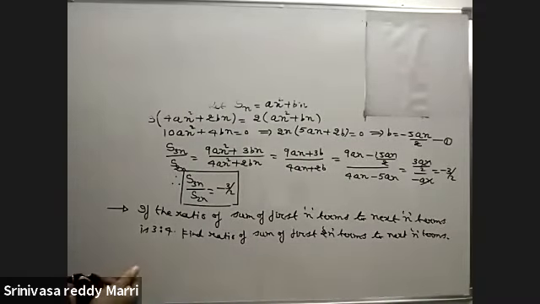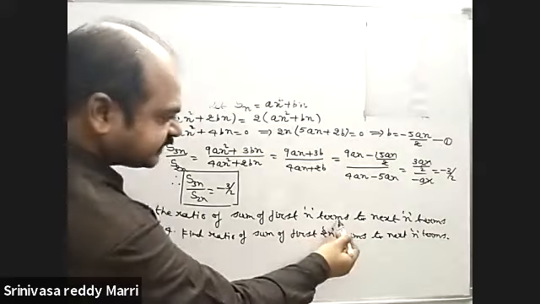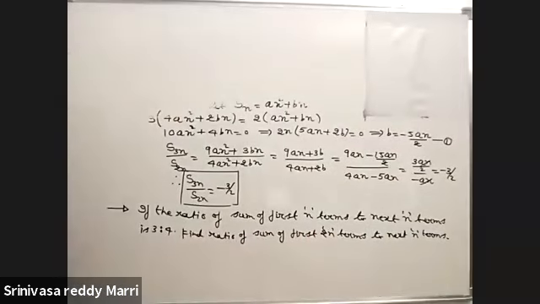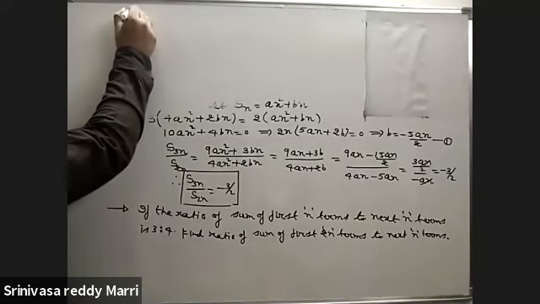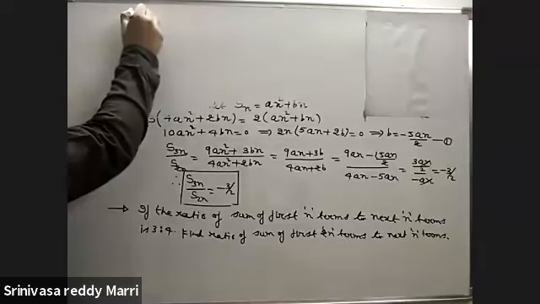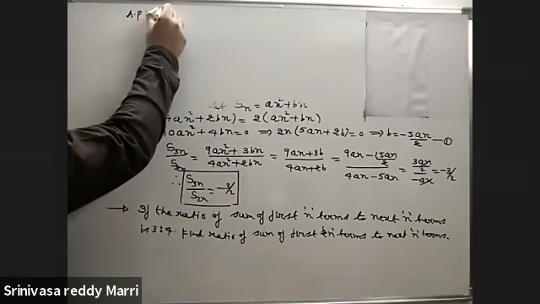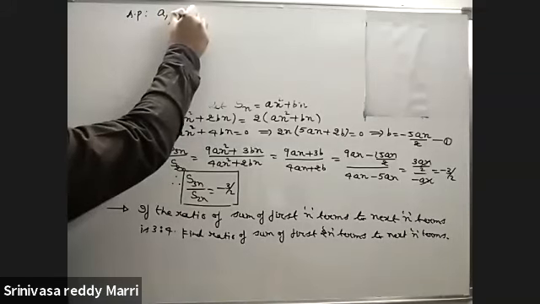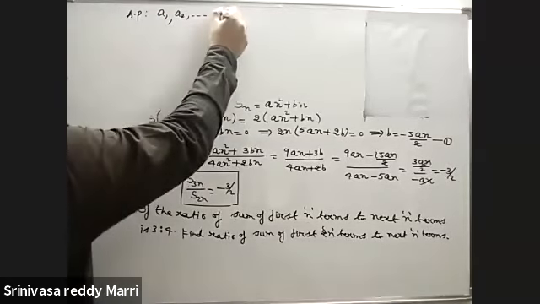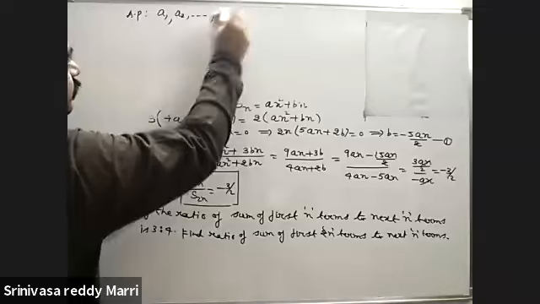Now look at the ratio of the sum of first n terms to the next n terms. What do the next n terms mean? Suppose the AP is like this: a1, a2, and so on up to an.